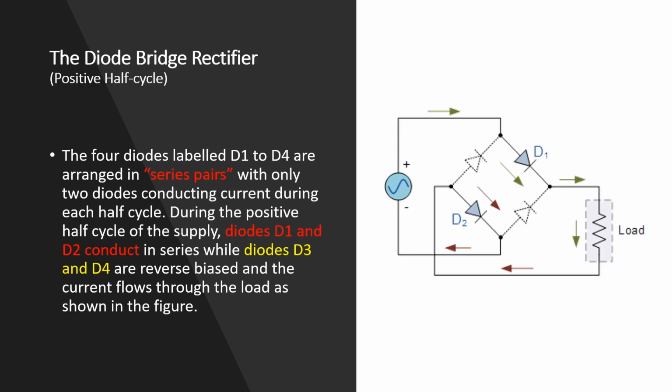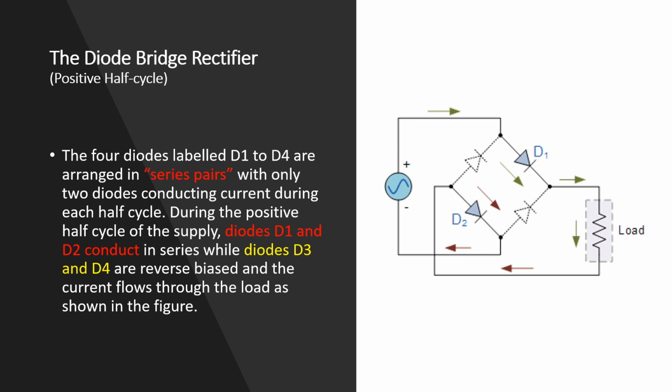Now let's see the working of the diode bridge rectifier. In the positive half cycle, the four diodes labeled D1 to D4 are arranged in series pairs with only two diodes conducting current during each half cycle.